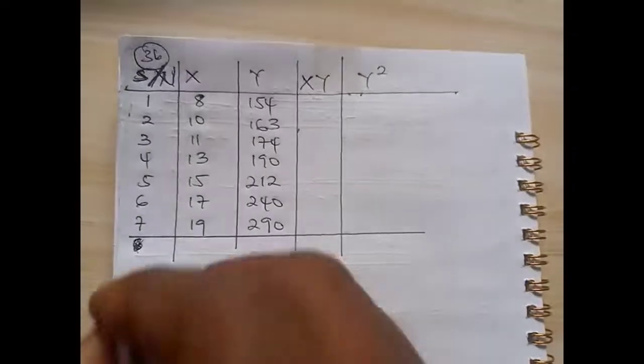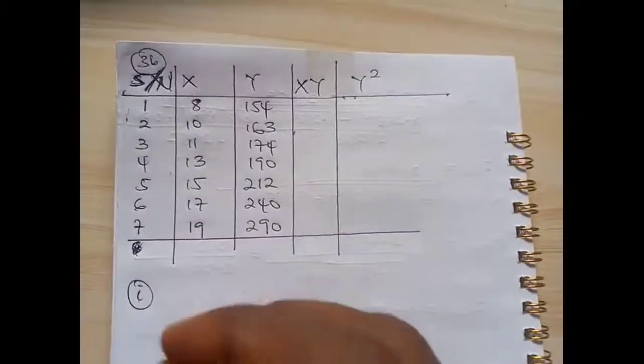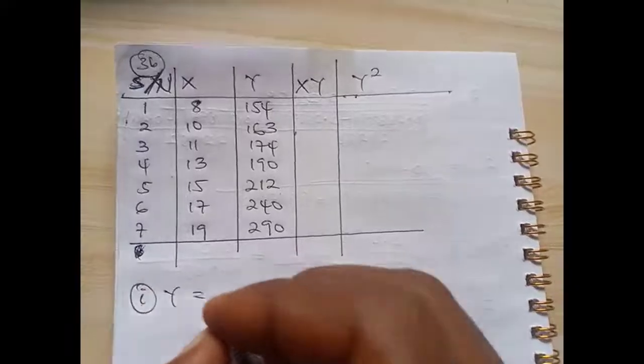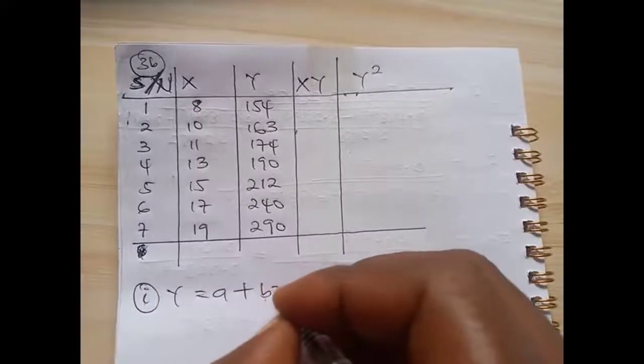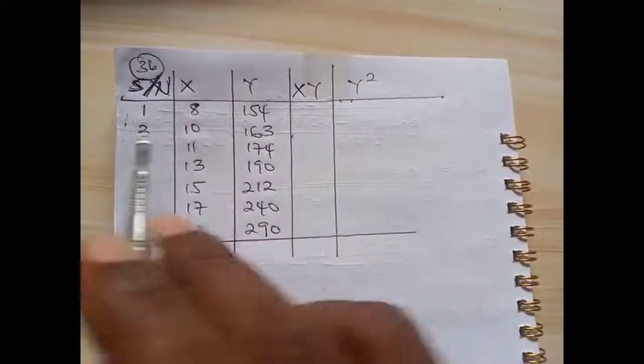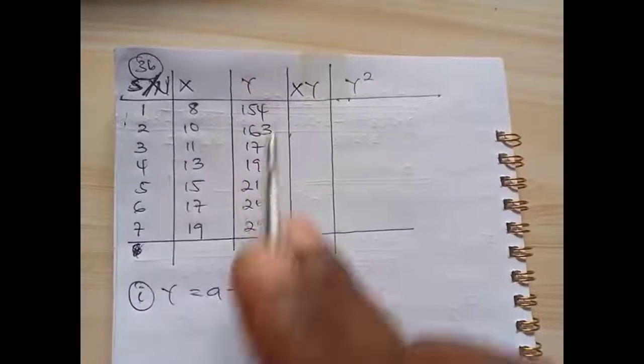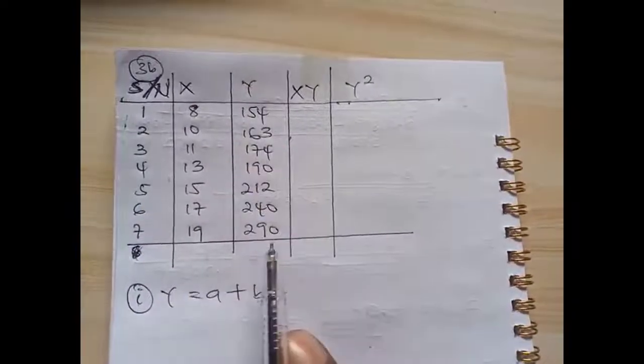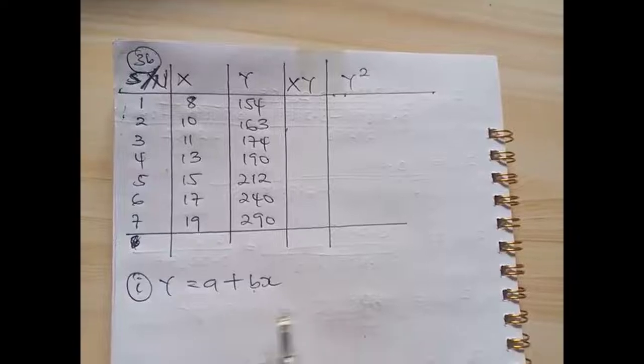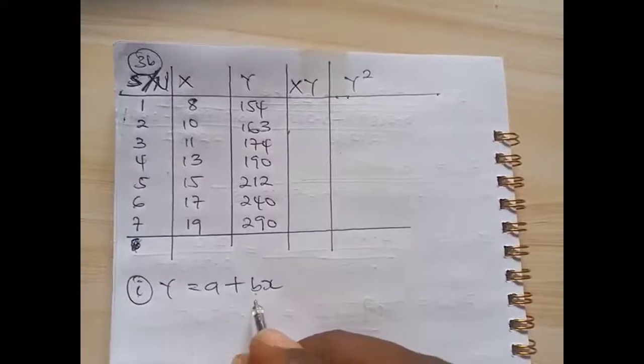So for us to fit the regression line, which is the first one, we use the equation y is equal to a plus bx. Having put this, this is the serial number, this is the x, this is the y. So we need to get b, which is the slope.